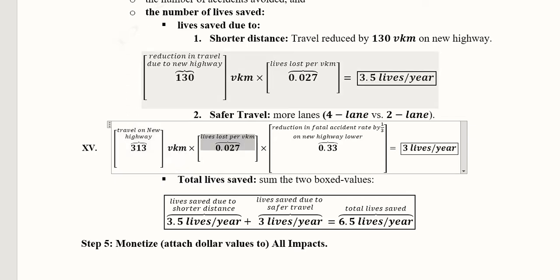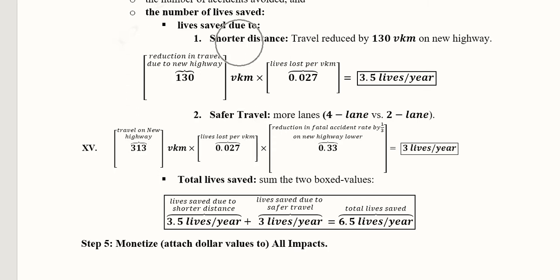This is the same value that we have used before, and now this is the reduction in the lives lost per vehicle kilometer. So we multiply this with the lives lost per vehicle kilometer. It will reduce this value of 0.027 further, and we will multiply it with 313, which is the travel on the new highway. So this will give us the lives saved due to safer travel.